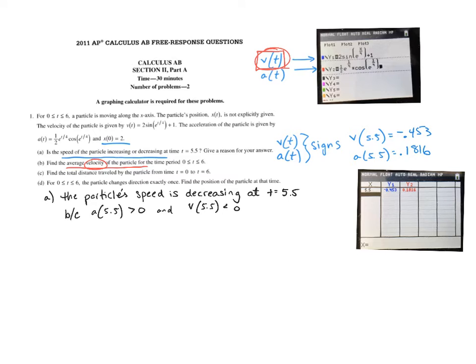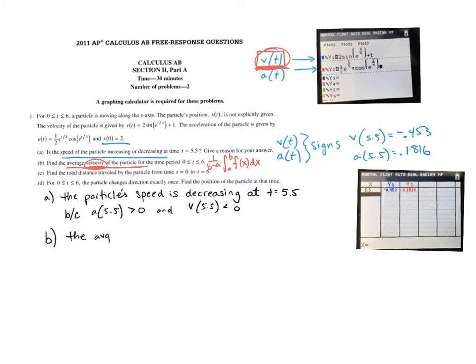So I will be busting out the average value formula. So that's my average value formula, and I'm doing that because it asks for the average velocity, and it gives me the velocity function.